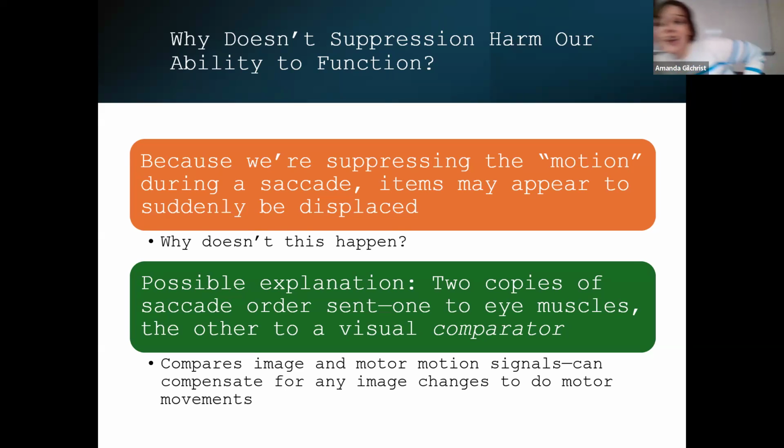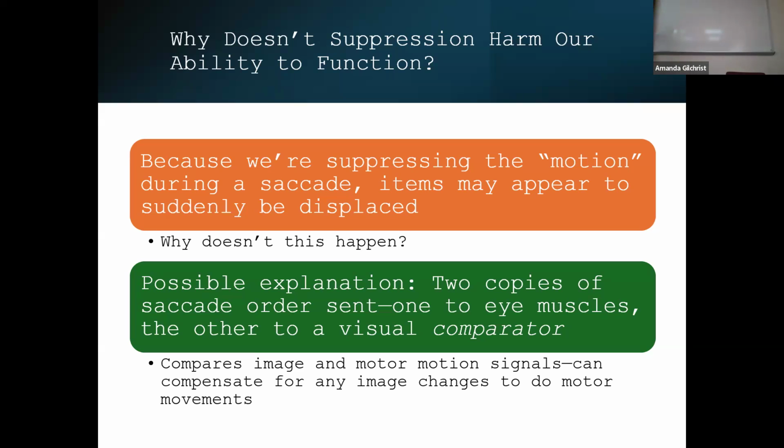It's possible that because we're suppressing the motion that we see during a saccade, you might expect items to suddenly appear to be displaced. So if Sarah is sitting all the way over there, and then she suddenly comes to the other side of the classroom and I make a saccade, I might have the sensation that Sarah suddenly just popped up out of nowhere. But this doesn't happen. One of the reasons that we think that is because when you are making a saccade, your eye muscles are actually moving.